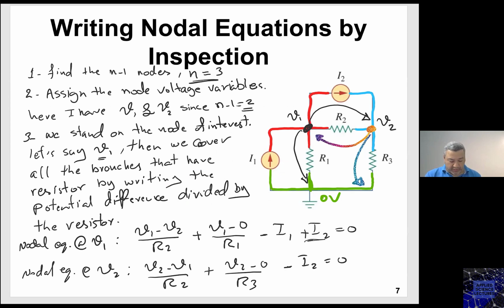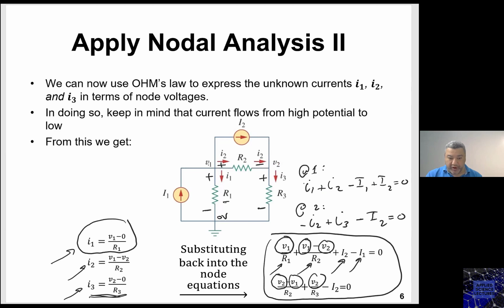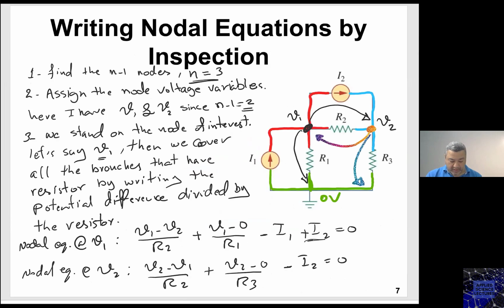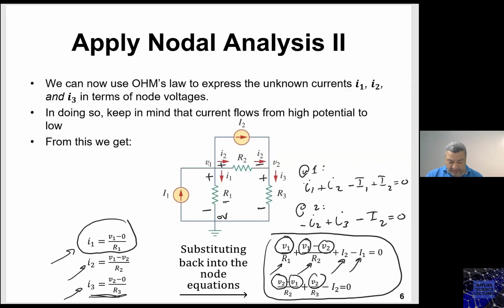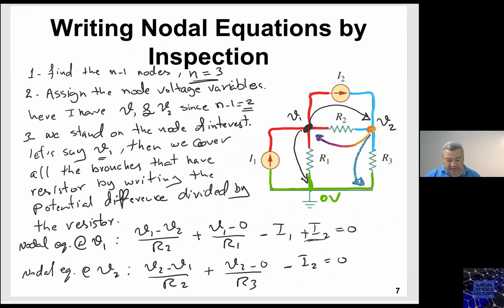Let's look at the second one: V2 minus V1 over R2 plus V2 over R3 minus I2 equals 0.